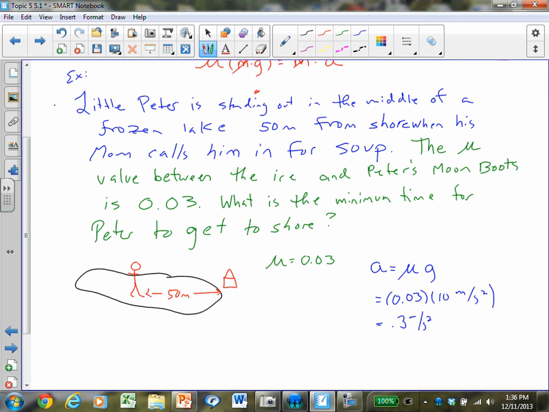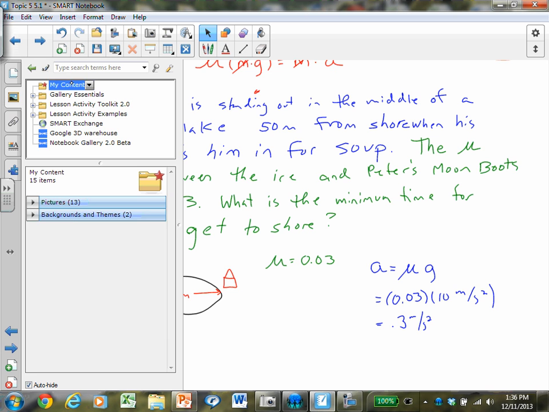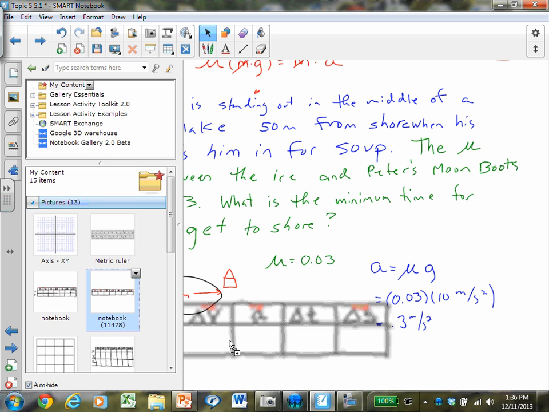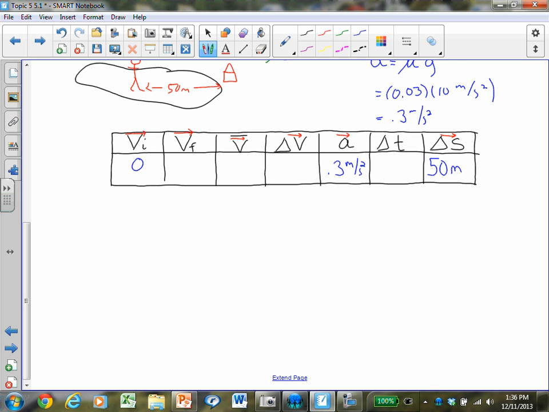And then we're going to set up a chart problem, a simple one-dimensional one, and calculate how much time it's going to take based on the 50 meters. So we know that this is 50 meters, the distance. The acceleration is 0.3 meters per second squared. We'll assume he's starting from rest at 0.